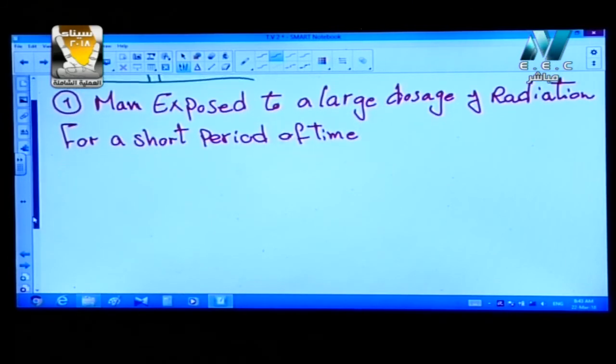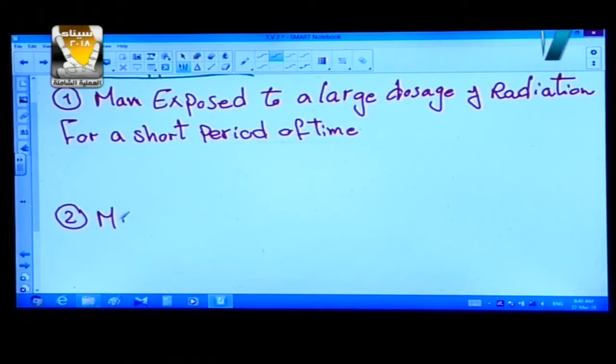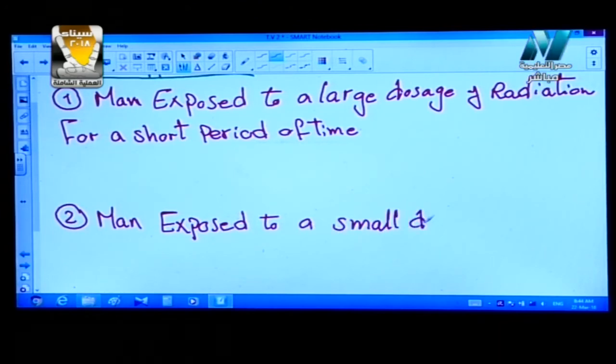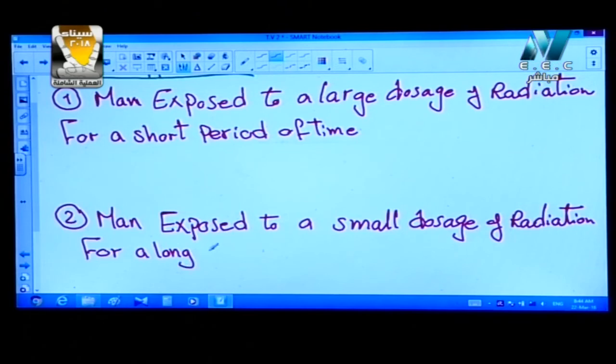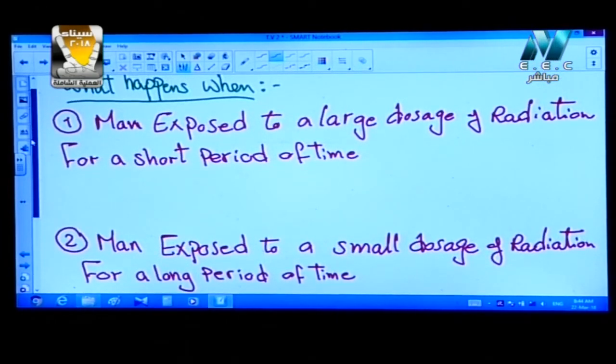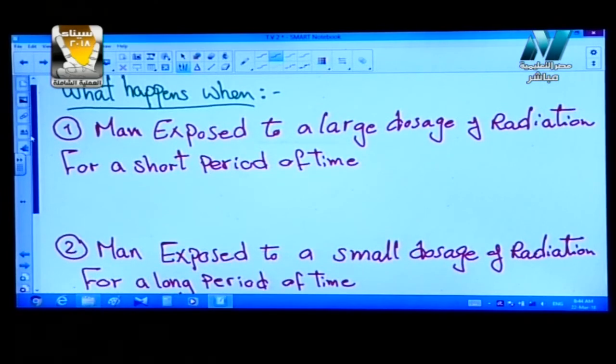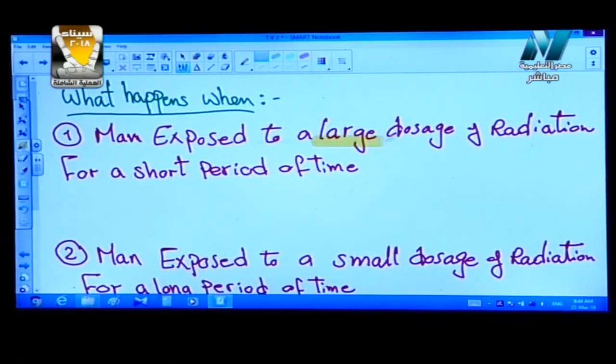And we have another question as what happens. Number 2 man exposed to a small dosage of radiation جرعة المرة دي صغيرة but for a long period of time لوقت طويل. يبقى number 1 we have a common factor as we have radiation. عندنا إشعاع في السؤالين. number 1 عايز large dosage of radiation but for a short period of time.